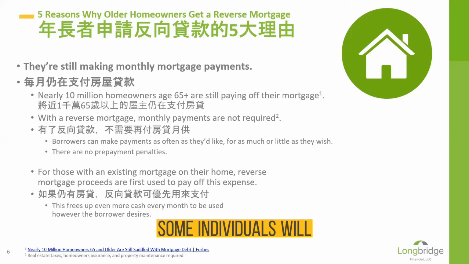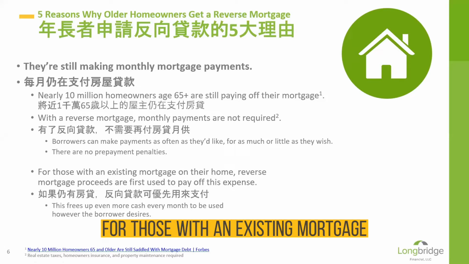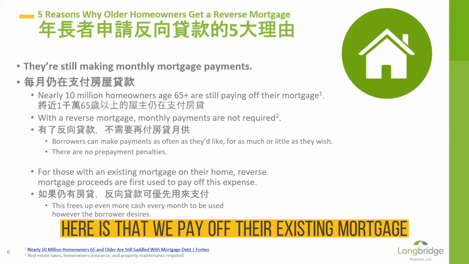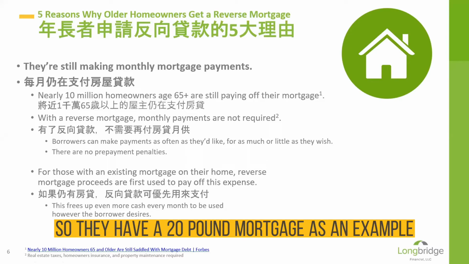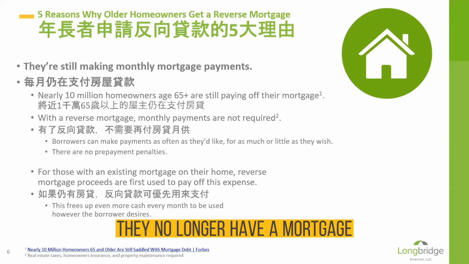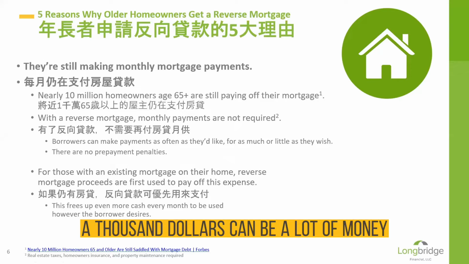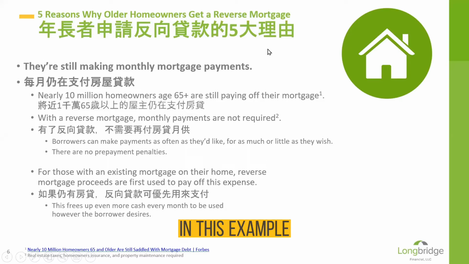For those with an existing mortgage on the home, the reverse mortgage proceeds are for paying it off. So all we're saying here is that we pay off their existing mortgage. They have a $2,500 mortgage as an example, they no longer have a mortgage payment, and $2,500 is a lot of money in this example. $1,000 can be a lot of money too.